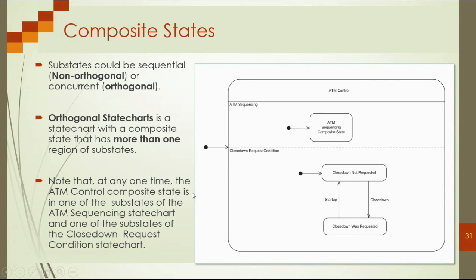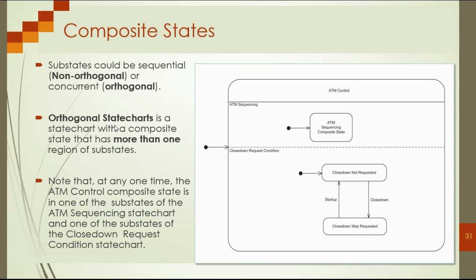If our state chart has any composite state that has two regions, such a state chart is called an orthogonal state chart. So the composite state chart is also of two types, based on the composite state itself.